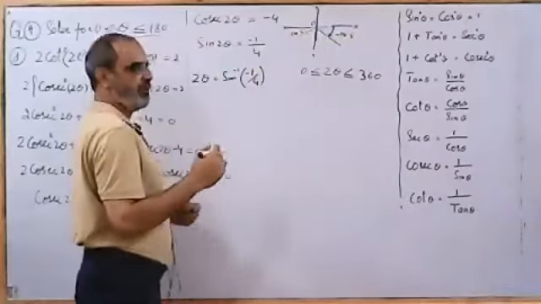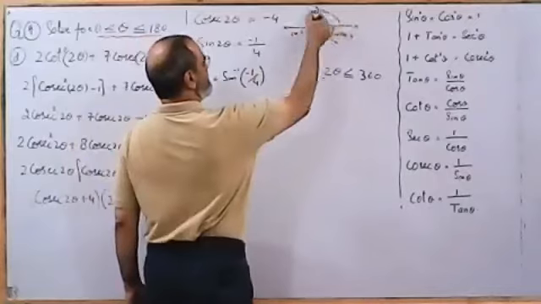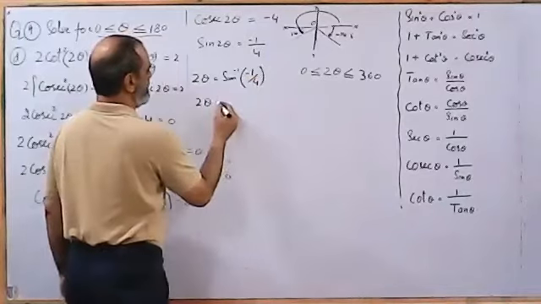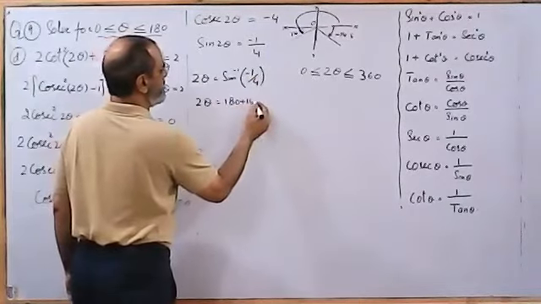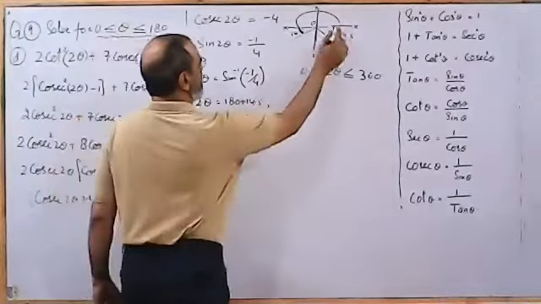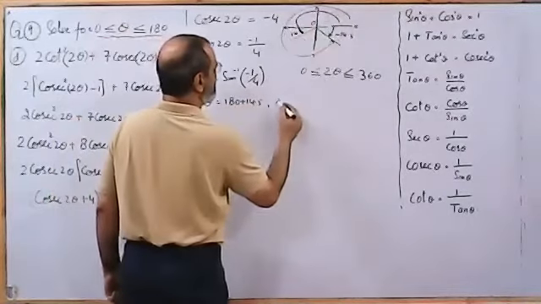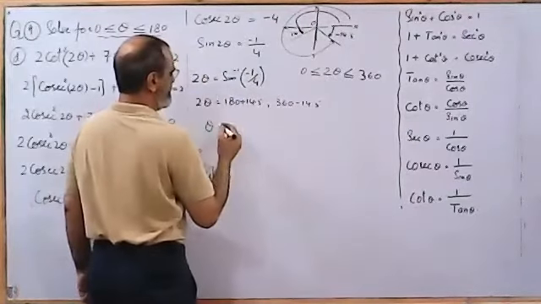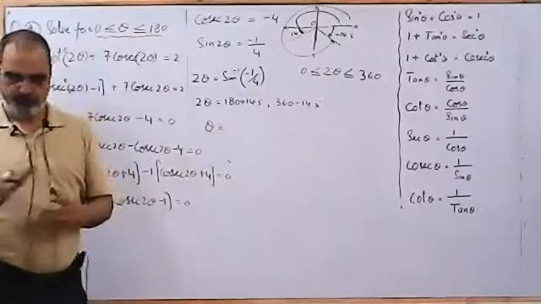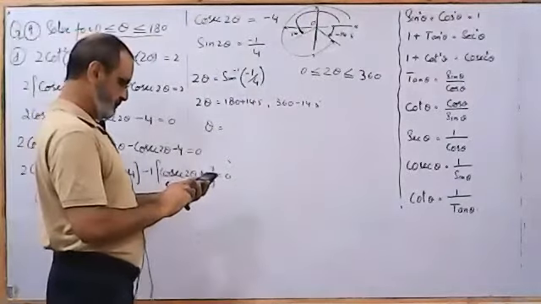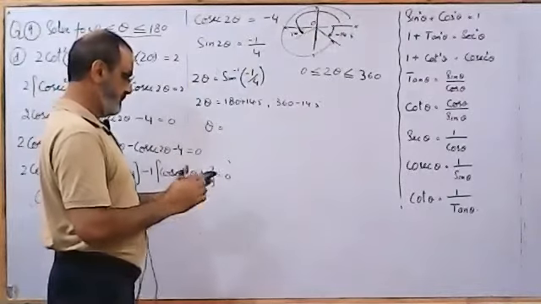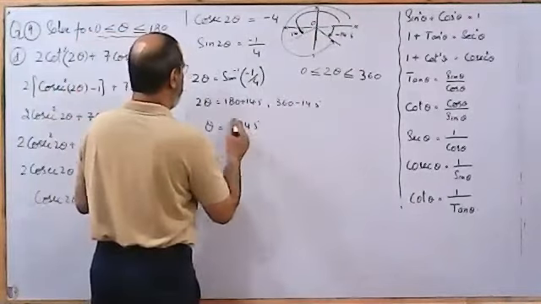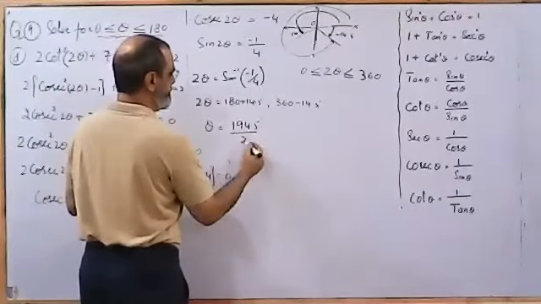The base angle is 14.5, but you have to give the answer starting from the positive x-axis. So 2 theta is equal to 180 plus 14.5, which is 194.5, and the other angle is 360 minus 14.5. I have to divide by this 2 as well after getting the values.